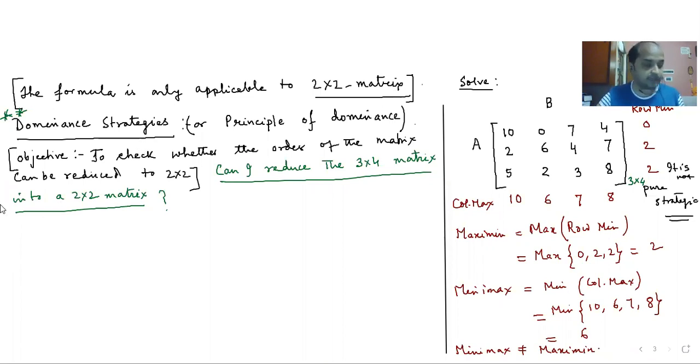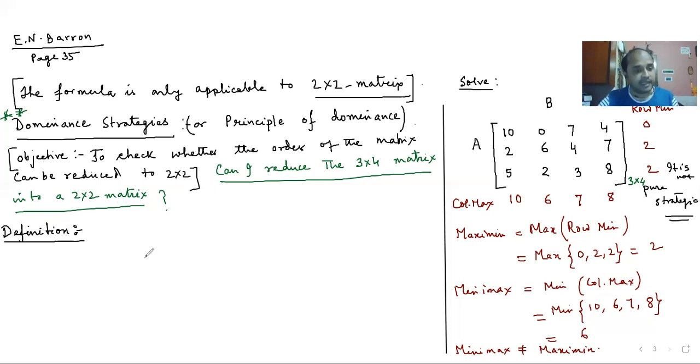It is actually not a theorem, it is a definition. Let us take it from the book I shared with you, the book by Ian Barron, and I am referring you to page number 35.